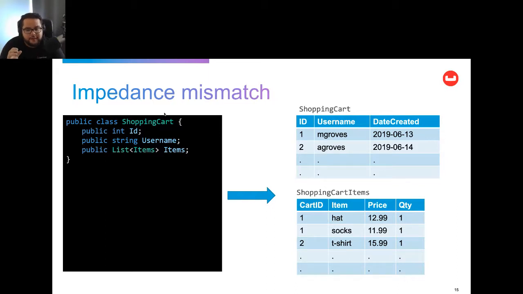It only makes sense inside a shopping cart, right? So quite often in your application you treat your shopping cart as a unit of data, pretty much like a user as well.